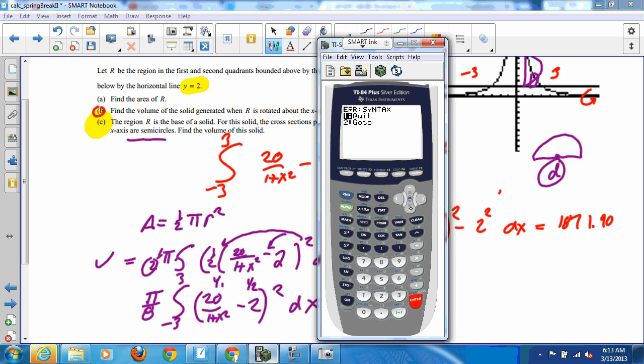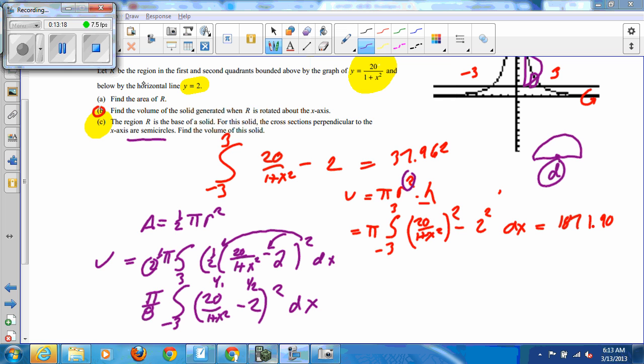Whoa, syntax error. Let's see if we can figure out what we did here. Perhaps this isn't so easy. y1 minus y2. Try to put another parenthesis in there. Let me pause this and figure this out.